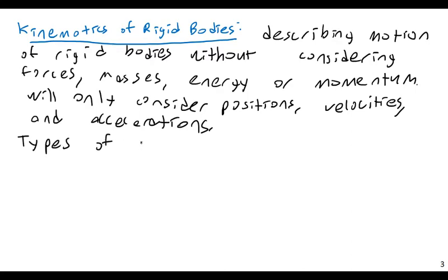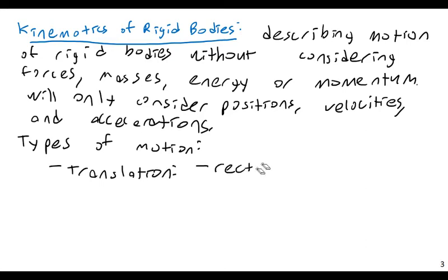Types of motion. Well, we can have translation, both rectilinear and curvilinear. Or we can also have rotation. And so other types of motion, we can have rotation about a fixed axis.